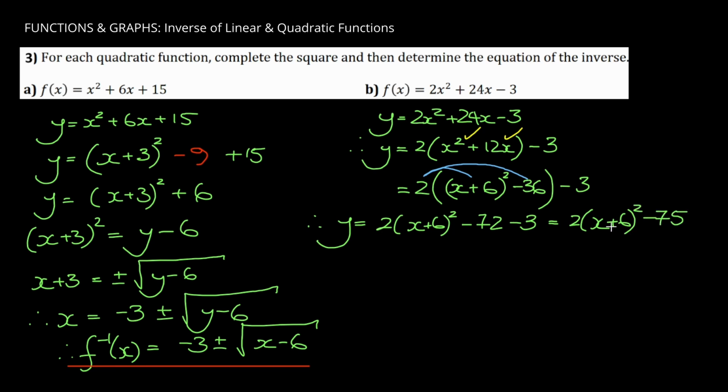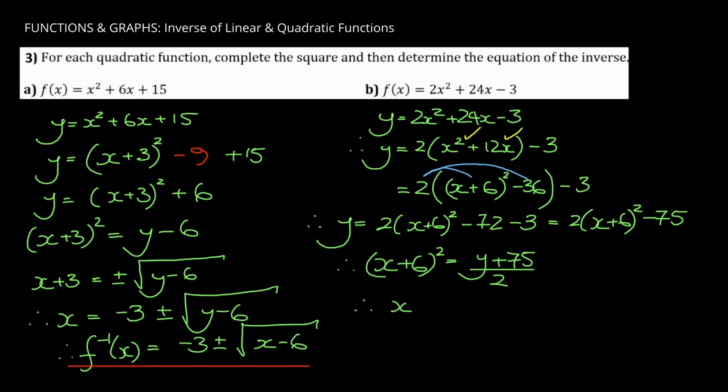Well, now we can start the process of making x the subject. So therefore I can say x plus 6 squared is equal to y plus 75. The 75 moves sides and becomes positive, divided by 2. Now we take the square root.